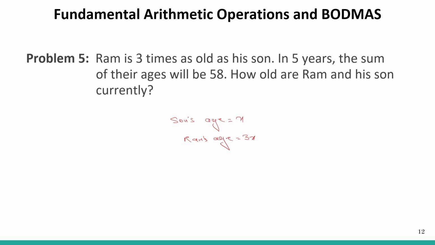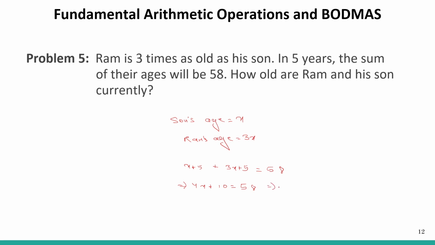In 5 years the sum of their ages will be 58. After 5 years the son's age will be x plus 5, and Ram's age will be 3x plus 5. Their addition will be 58, so 4x plus 10 is equal to 58.